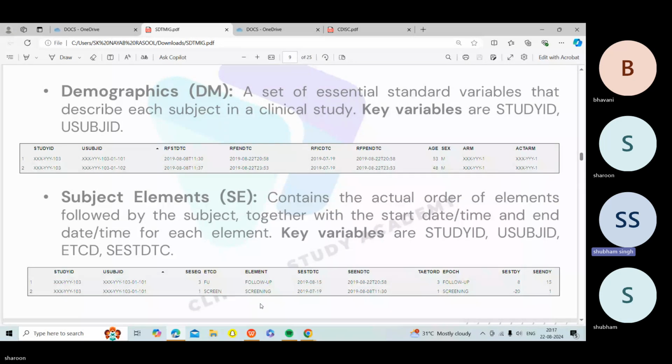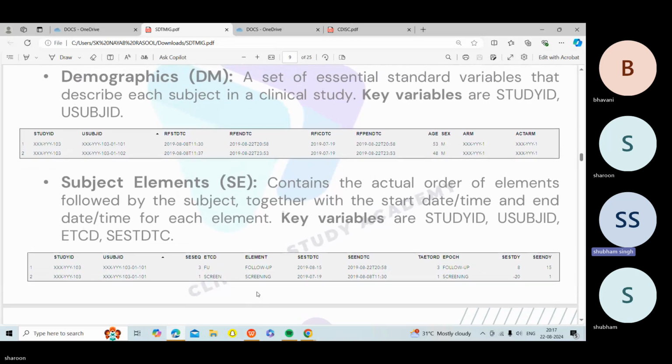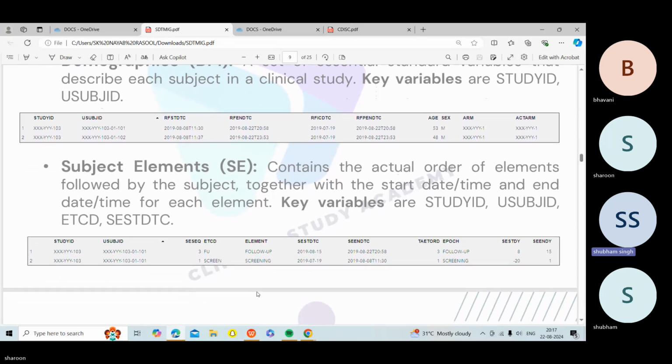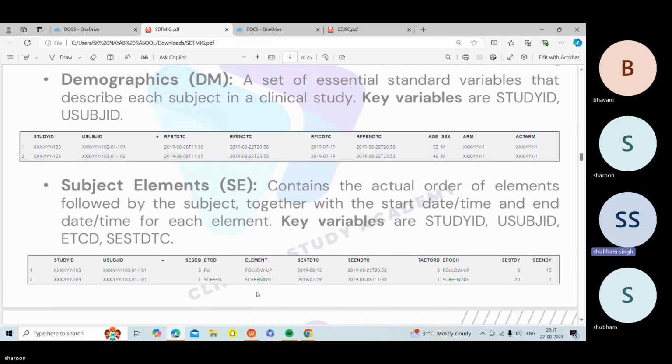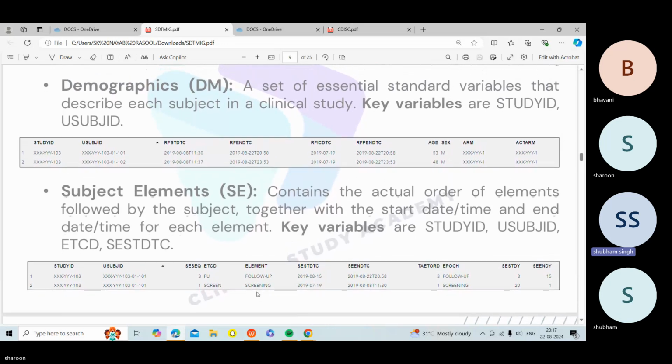Screening means as of now, subject screening is going on. Follow-up means subject treatment is completed. He is in the follow-up phase. And then start date and end date, each and every piece of information is captured. Same way in a different dataset, different values will be kept. Different data will be collected.